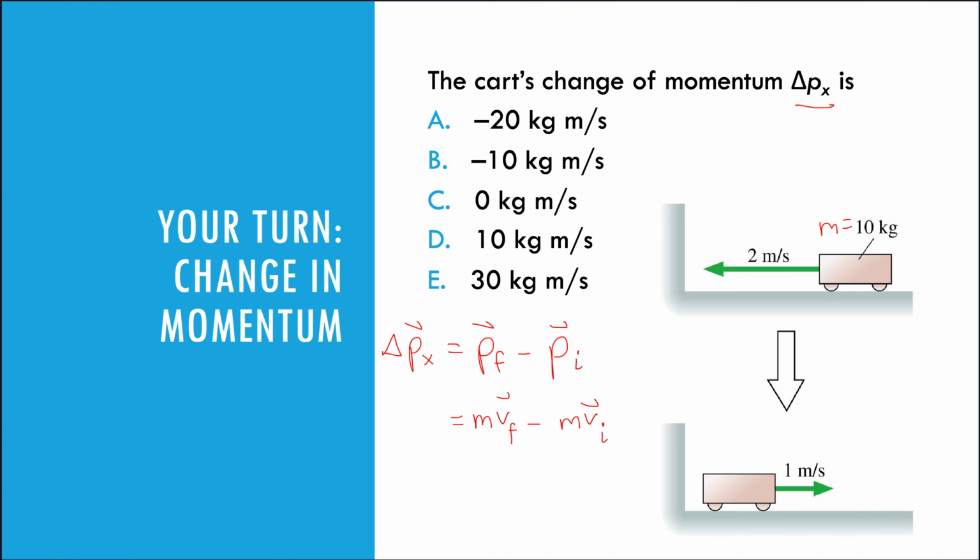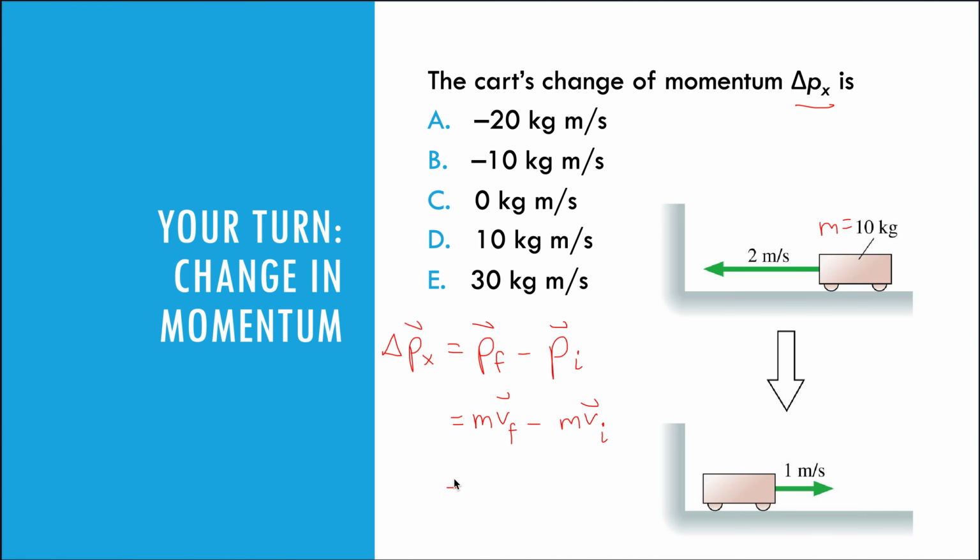The reason I put this example here is because it is super important to remember that momentum is a vector, and whenever you're dealing with vectors, you have to pay attention to direction. Velocity has a direction, and so many people forget to pay attention to that. So that's why I have this example.